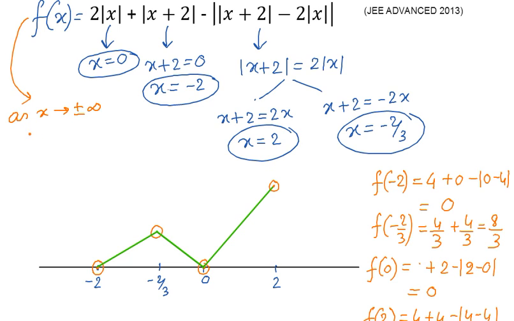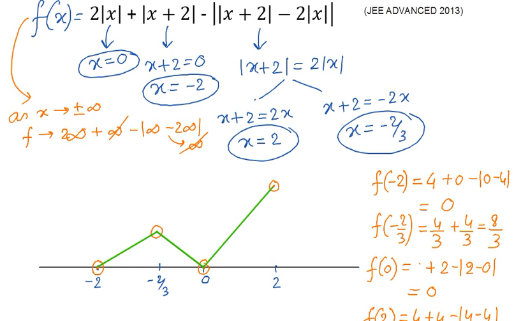The function tends to 2 infinity plus infinity minus |infinity minus 2 infinity|, because these are very large quantities. The modulus of infinity minus 2 infinity comes out to be infinity, and these large quantities cancel out, so ultimately we have a very large value, that is infinity.